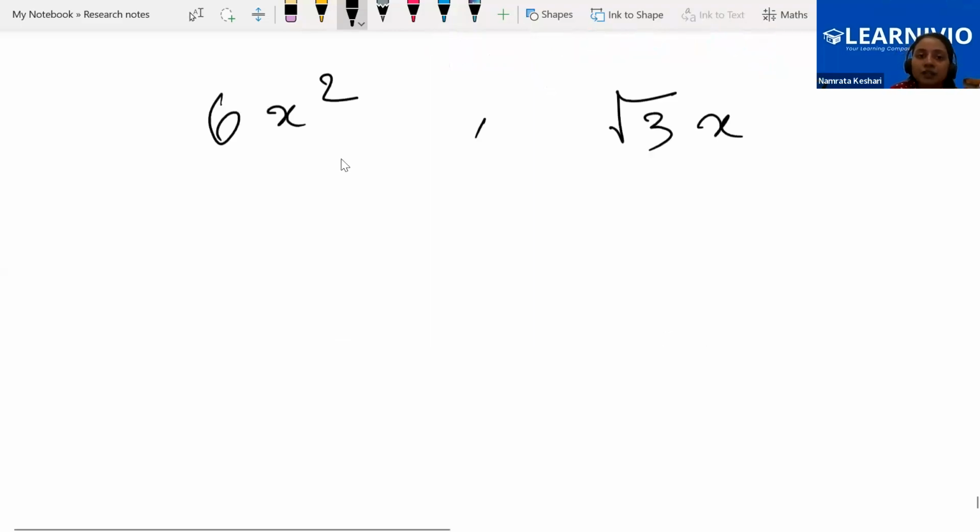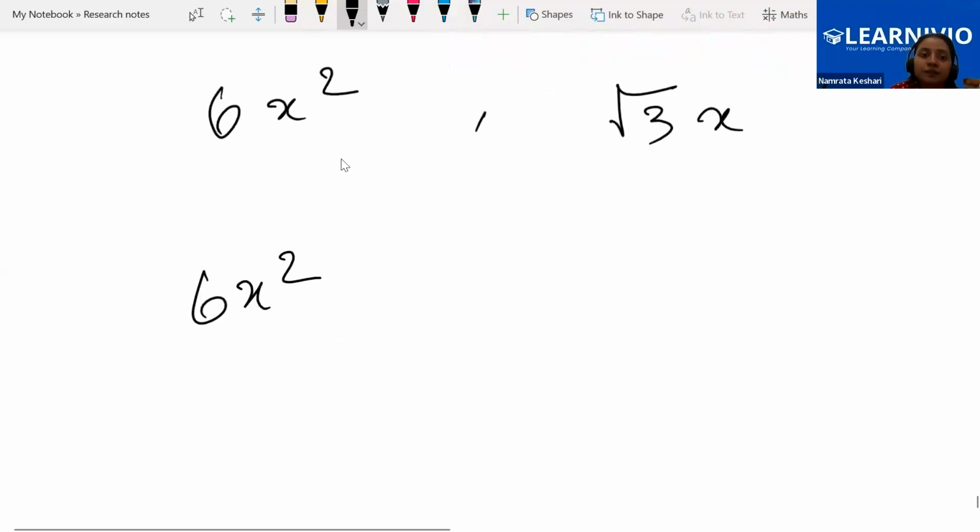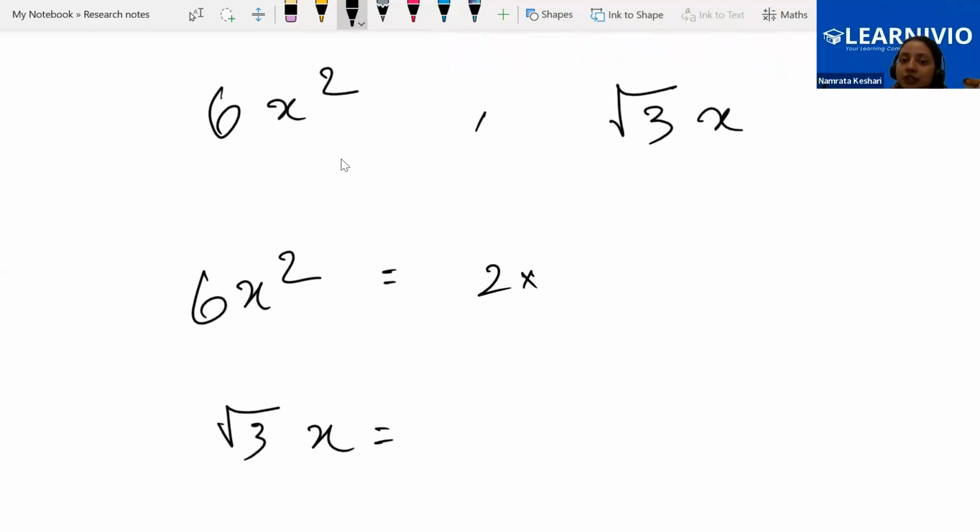Okay, let's factorize it and tell me, Zoha, what is common. So we can take maybe 6 means 2 into 3, right, Zoha? Yeah, 2 into 3. 2x into x. And root 3 means just root 3 into x. No more factorization is possible.